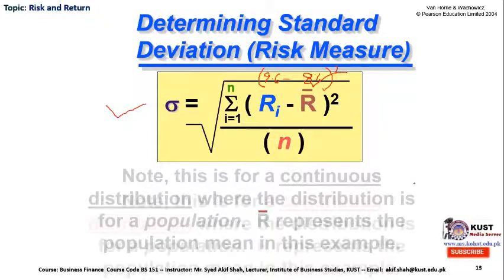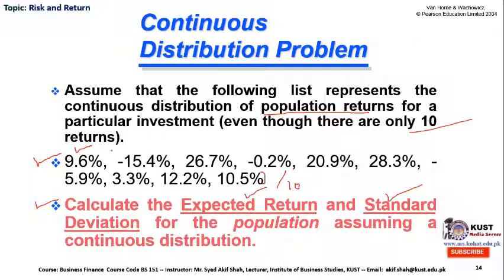In the same fashion, you are required to calculate R minus R bar for each observation, and after getting the 10 resultant values in your third column, you sum them up, and this final value should be divided by 10 as written in the formula.